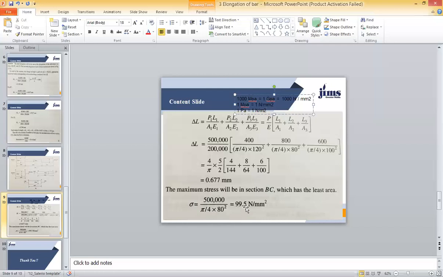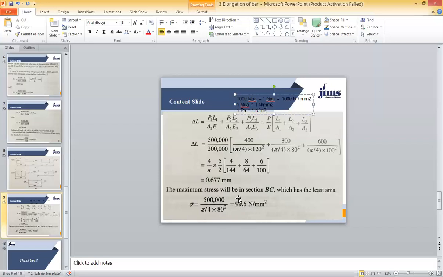The last thing you have to take care of is the units as well. If you calculate these values, you have to write down the units of the particular unknowns. For stress, that is Newton per mm square. For delta L, that is mm.